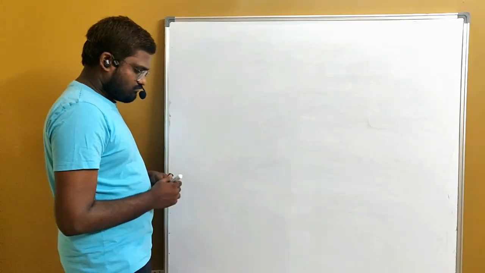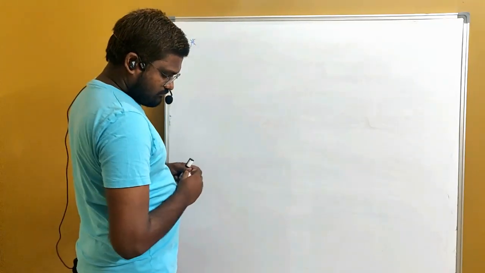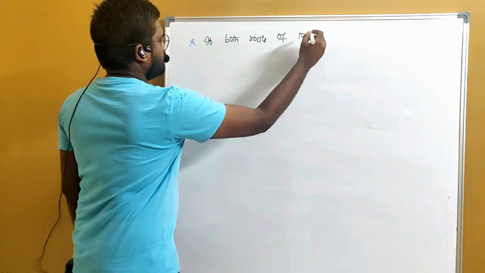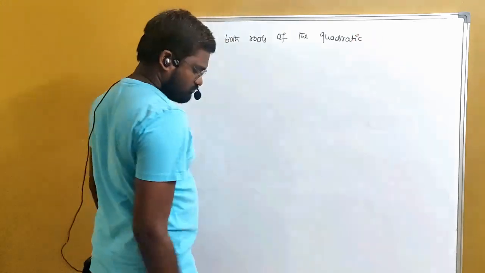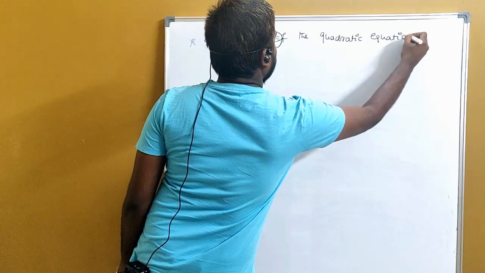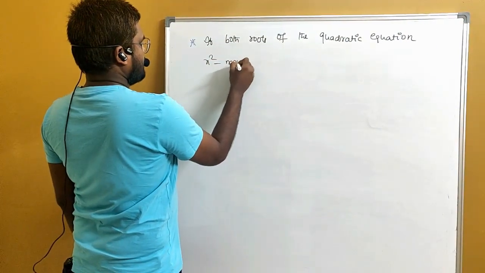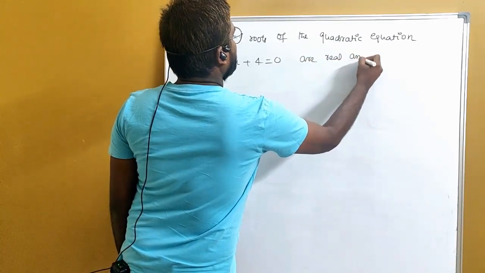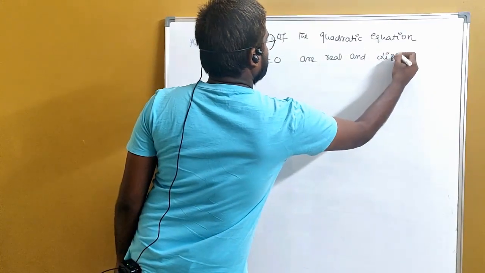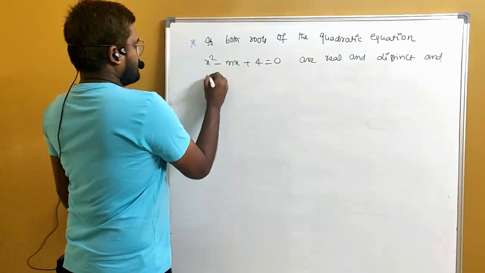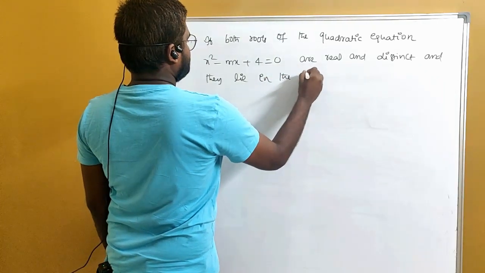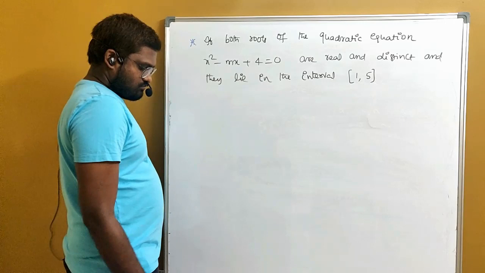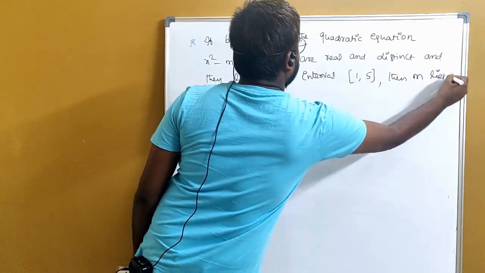Now the question is, a simple illustration: if both roots of the quadratic equation x square minus mx plus 4 equals to 0, simple standard question, are real and distinct and they lie in the interval 1, 5, then m lies in which interval?